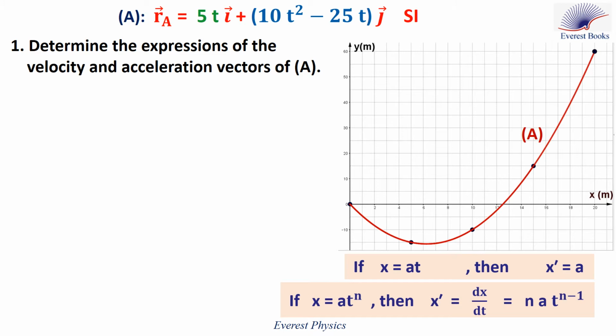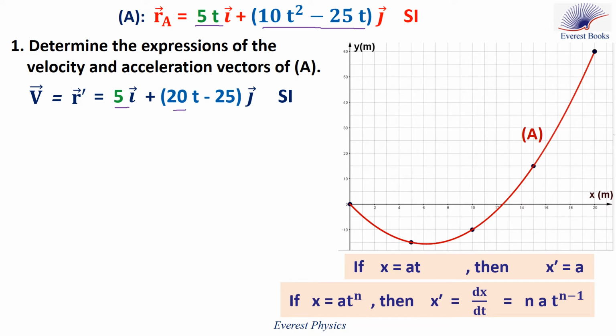We know that the velocity vector is given by the time derivative of the position vector, but r has the form of x i plus y j. x equals 5t, then the time derivative of x equals 5, and y equals 10t squared minus 25t, and the time derivative of y equals 20t minus 25.